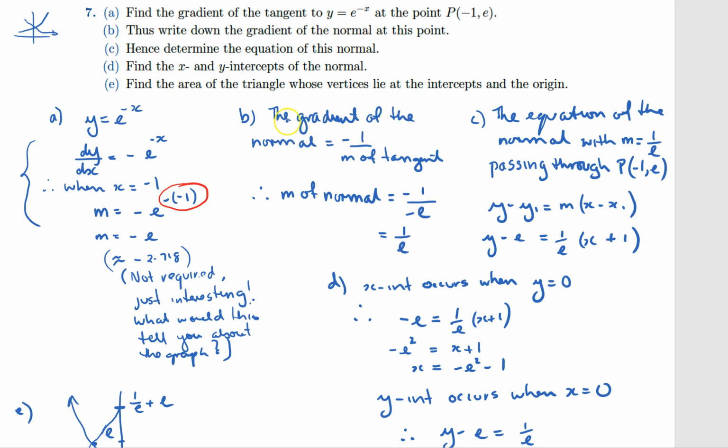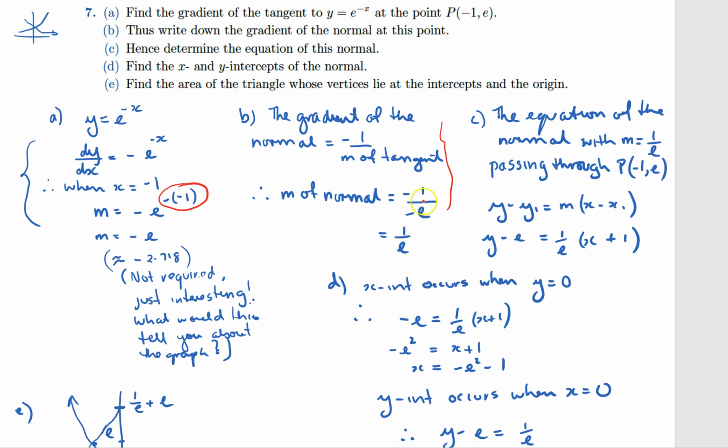And this again is the setting out that you're being asked to practice and then actually produce in your HSC solutions. The gradient of the normal is equal to -1 over the gradient of the tangent. Therefore, the gradient of the normal would be -1 over, here's our gradient of our tangent, minus e, so it's -1 over minus e.